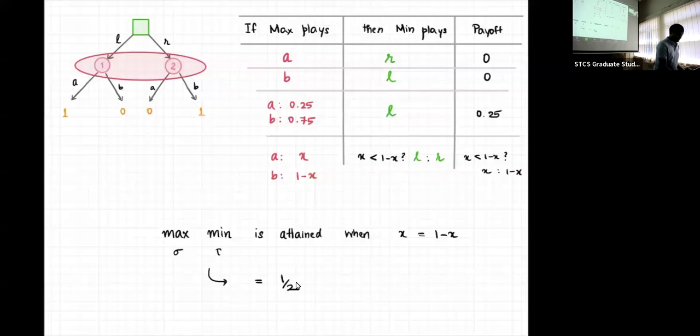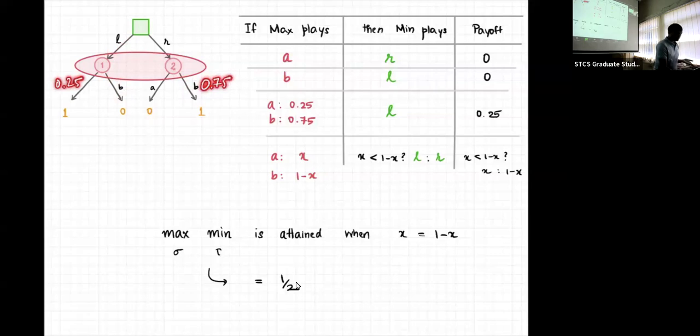Now, if Max plays B, min will play L. Once again, it is 0. Now randomization starts to make sense. So Max will not play just A or B; Max will try to randomize. Suppose Max plays A with 0.25 and B with 0.75.